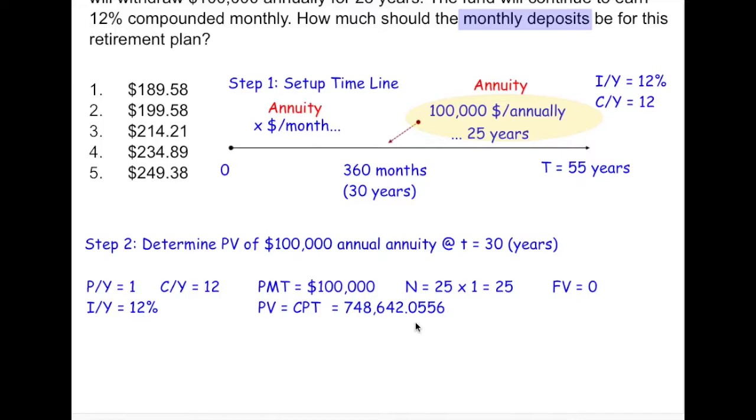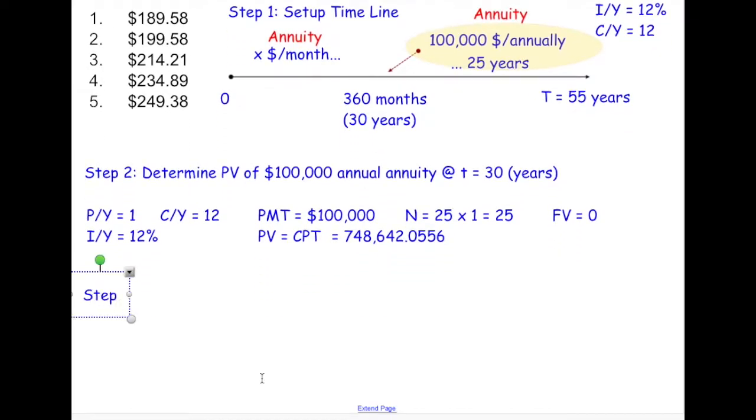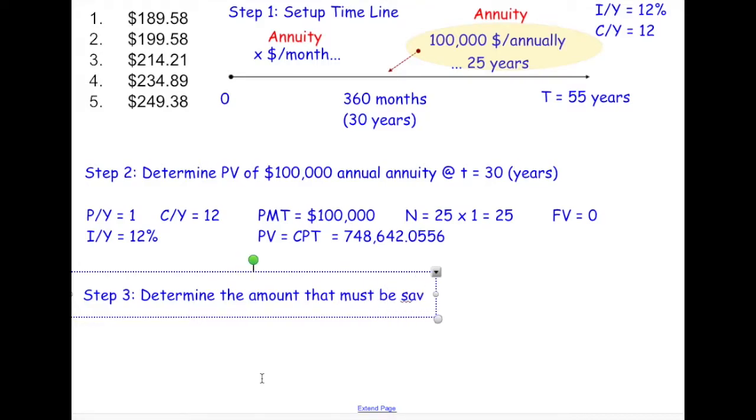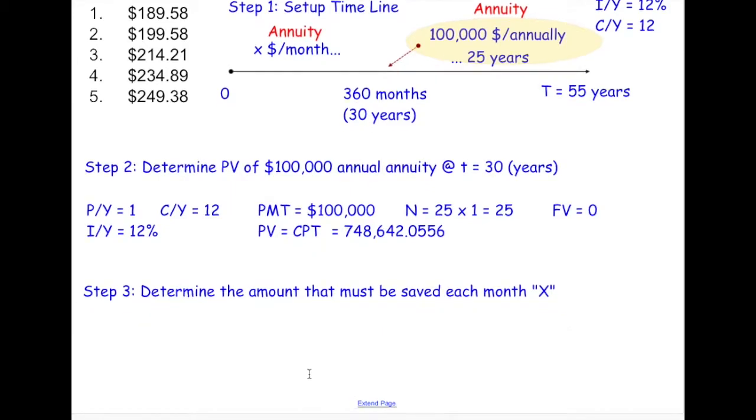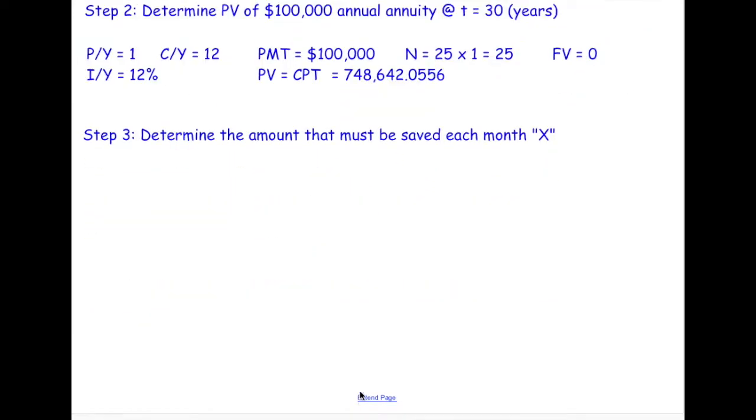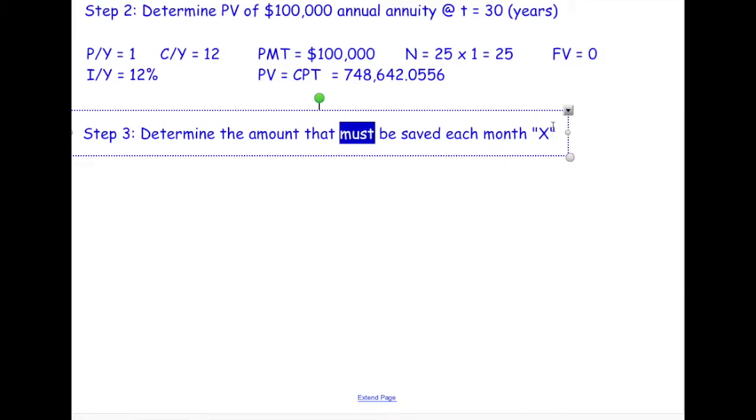So now we're going to try to figure out how much money we need to set aside every month for 30 years or 360 months so that we can accumulate this amount. Once again, the way that we're going to do that is by using the help of our finance calculators.